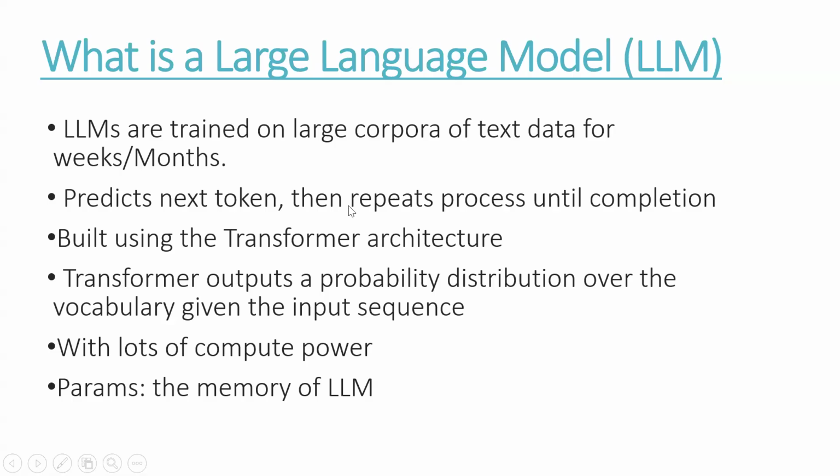If I pass this English sentence to my large language model for training, the first thing is that it does not understand English, right? My model does not know what is predict, what is next, and what is token. So the first thing it will do is convert the words into tokens. Basically it converts from English to some mathematical representation or some ID. So the entire sentence is converted into IDs, and those IDs are passed to my model.